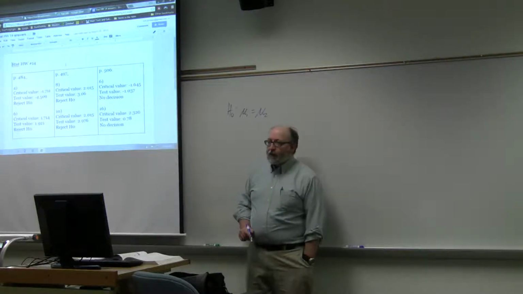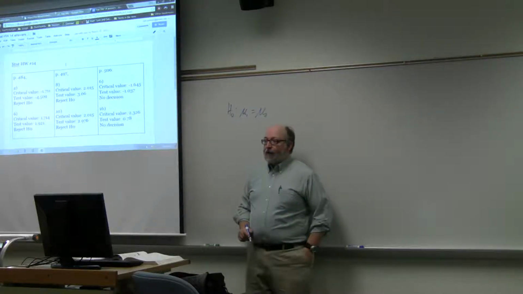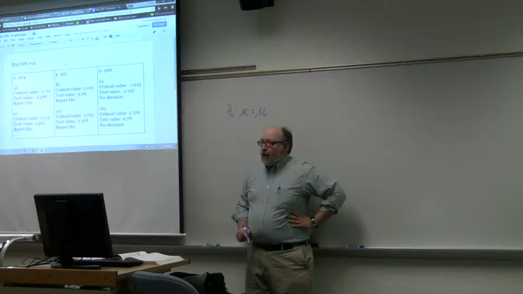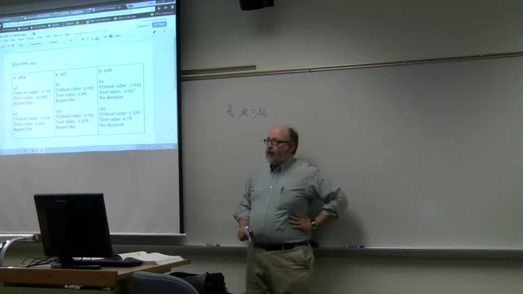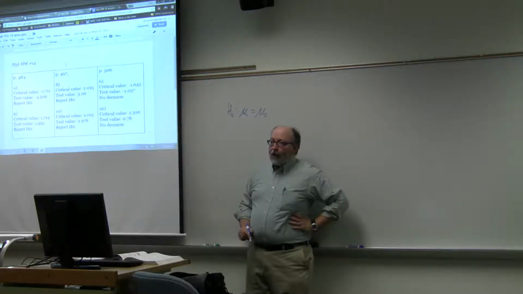And then it depends on which one you call number 1 and which one you call number 2 as far as what's going to happen next. So, I want to know what the sample values are. All right, Lee, can you tell me what the sample averages are for this problem?